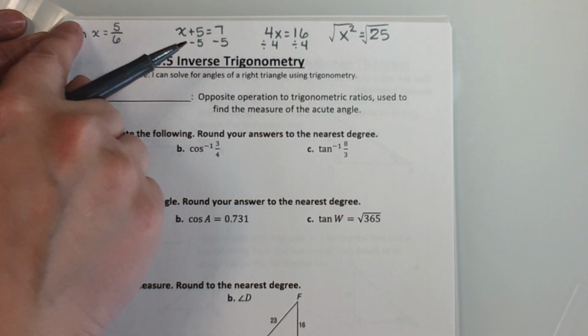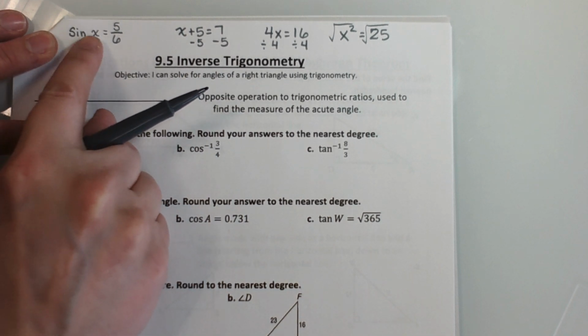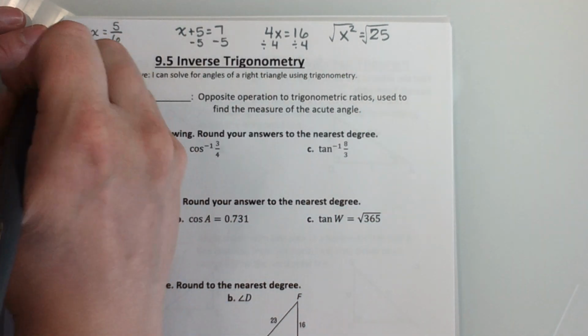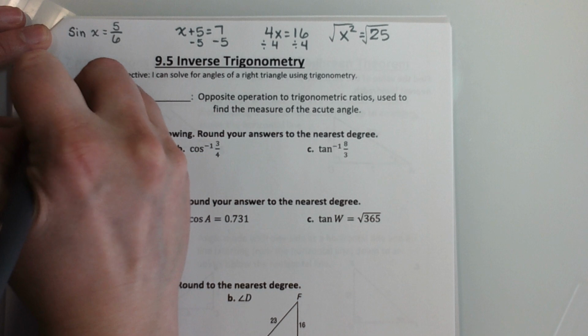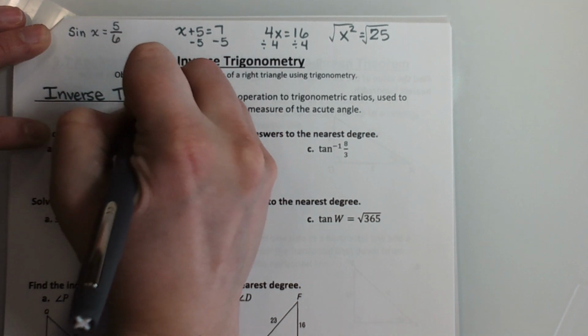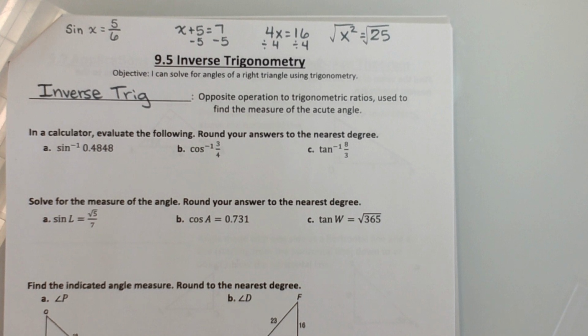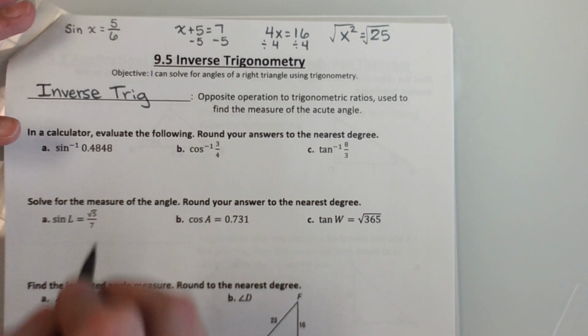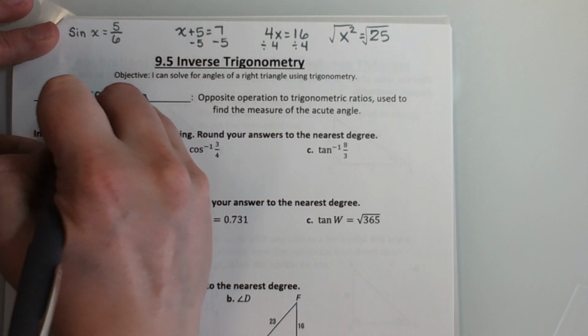So, if you need to get rid of trig to get the angle alone, that's where what's known as inverse trig comes from. It's the opposite operation of regular trigonometry. Inverse trig solves for angles.